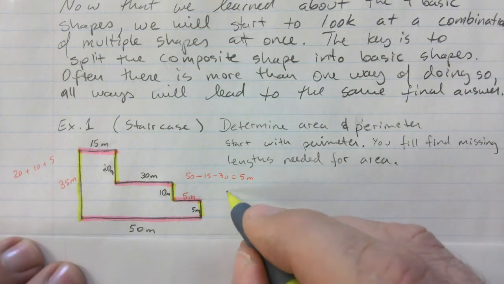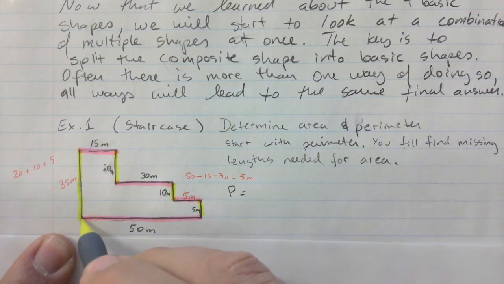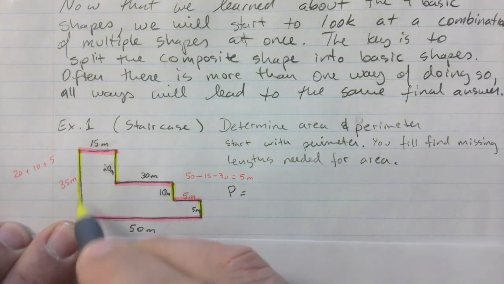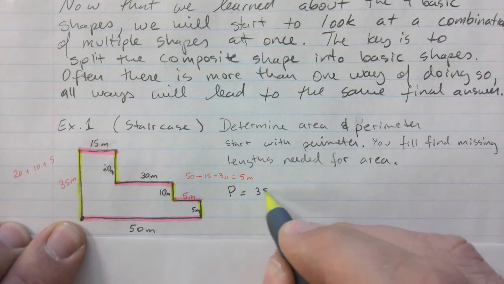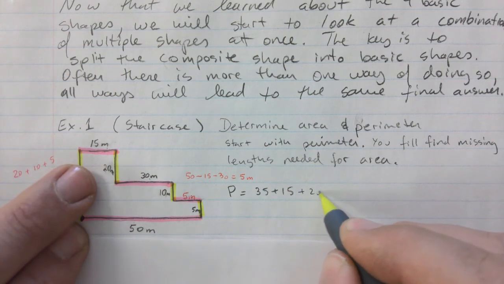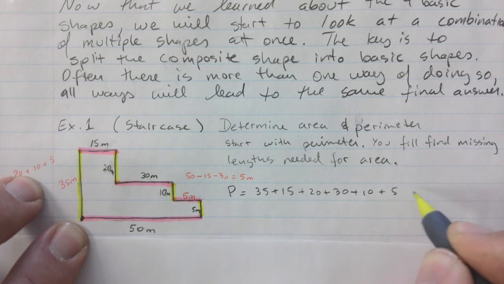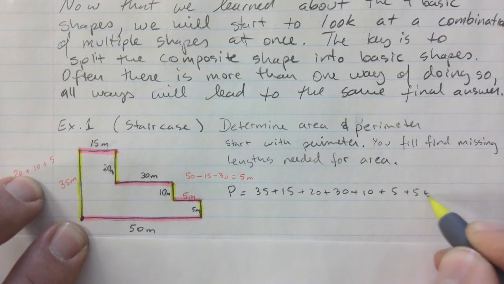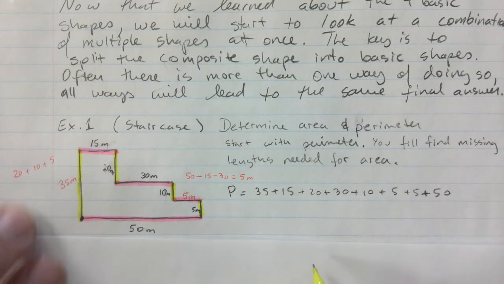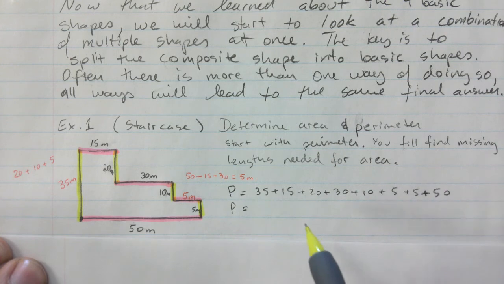Okay, so the perimeter of this shape starts somewhere. Mark it like this corner right here. I'm going to start here, and I'm going to go up. So 35 plus 15 plus 20 plus 30 plus 10 plus 5 plus 5 plus 50. I'll show you something else later, but anyways.